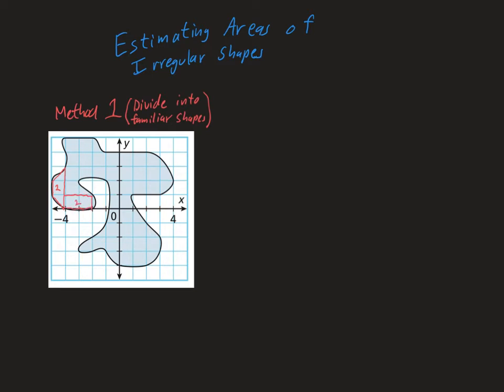And I'll do that until the whole shape is filled. Some parts I'll have to estimate, especially the half ones. Not everyone will necessarily divide it up the same way, but it's just an estimate, so that's okay.